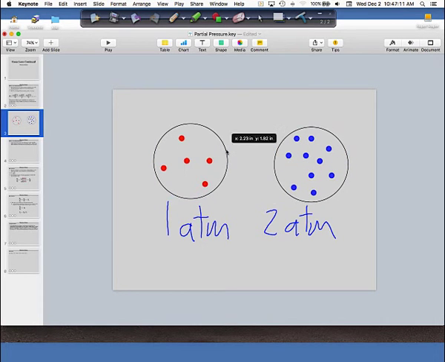There we go. Okay. If I could take this gas and put it in an empty container, it makes sense in my brain that the pressure would be the same, right?